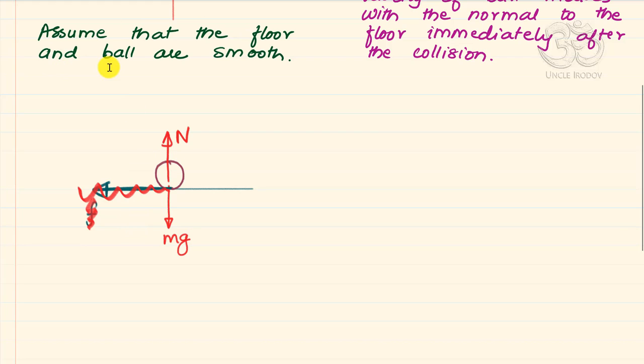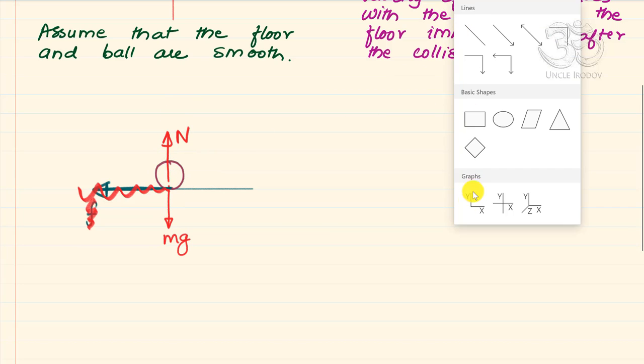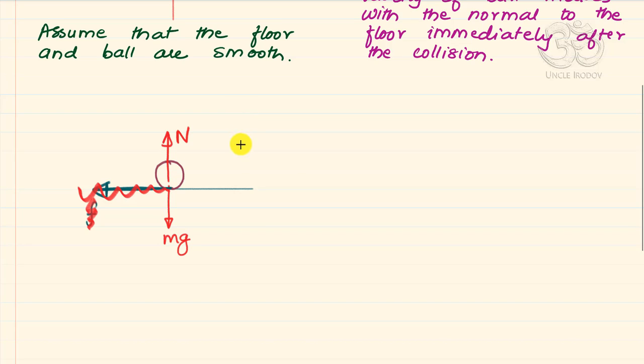Now because the floor and the ball are both smooth, therefore we can ignore this force of friction. And now what we have to do is, because we have a force acting only along the normal axis, let me take a pair of axes to start with. Let me say that there is a normal axis N, perpendicular to the surface, perpendicular to the floor, and there is a tangential axis T, which is along the tangent to the surface like this.